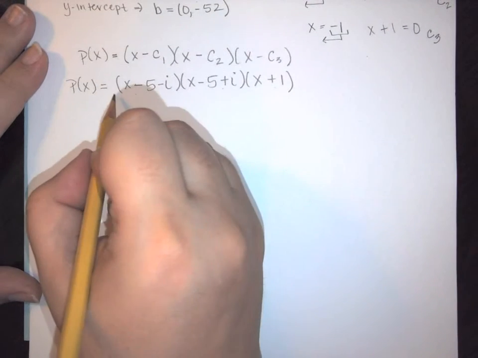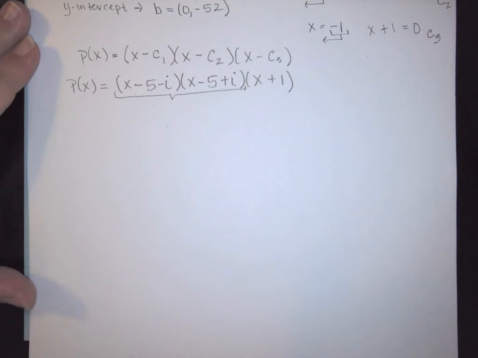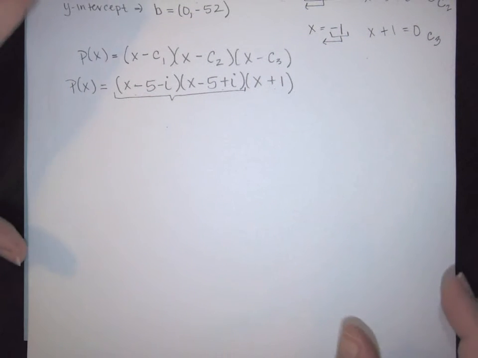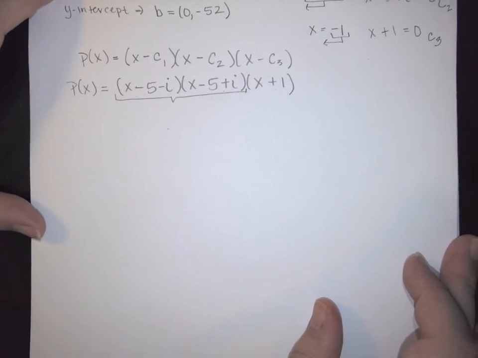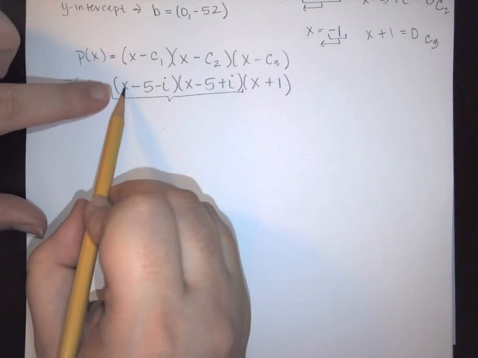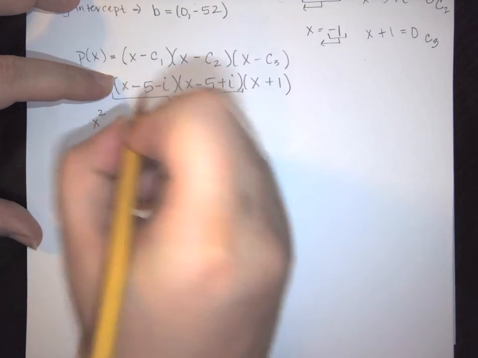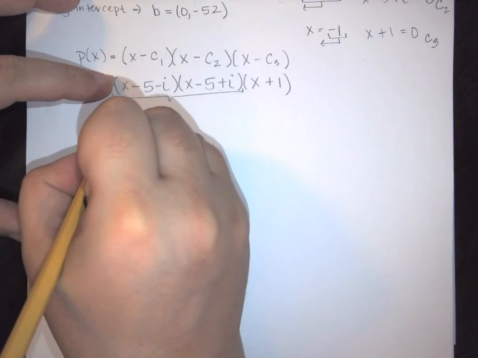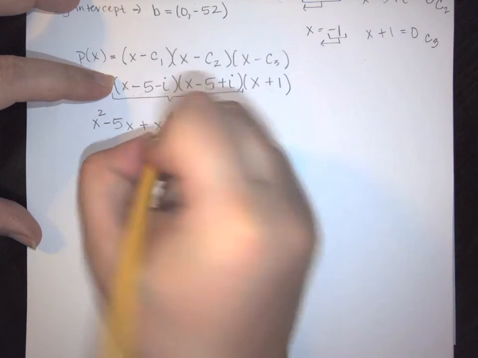For me, I would first work on my complex terms because they are the more complex idea, and you want to try and simplify things down as far as possible. So you're going to take one parenthesis into the other: x times x, so here you're going to get x squared, and then x times negative 5, so negative 5x, plus xi.